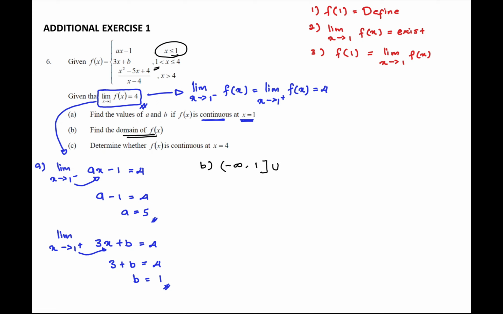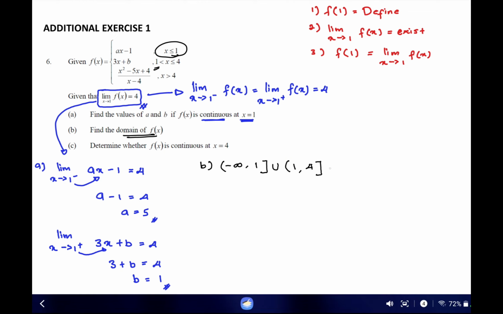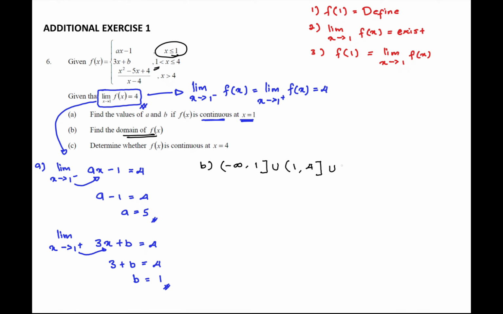Start from 1 here, not including, until 4 including. When including, we must put in the bracket like this, and then union, start from 4 not including until positive infinity.